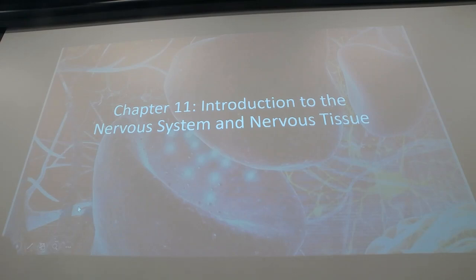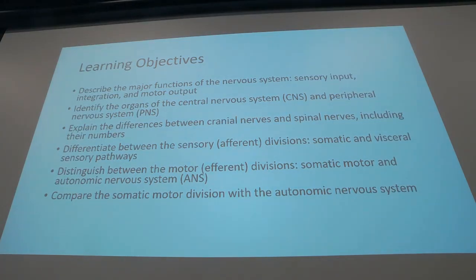Okay, so chapter 11, it's introduction to the nervous system and nervous tissue. Something that we are going to see in this chapter is the classification of the nervous system, and we're going to see what are the functions of these different structures within this classification, including PNS, CNS.